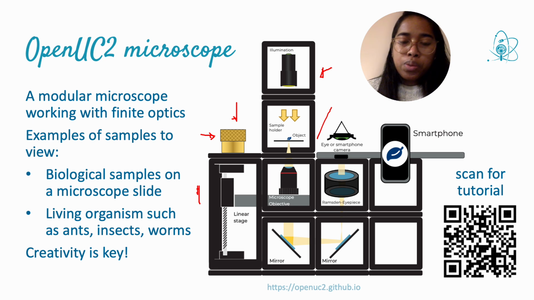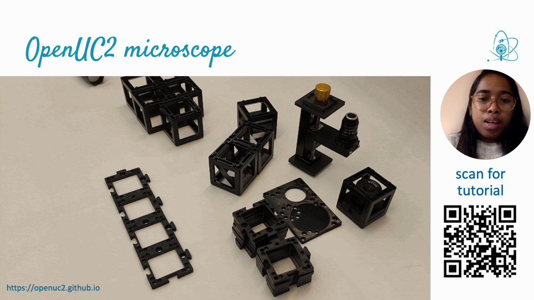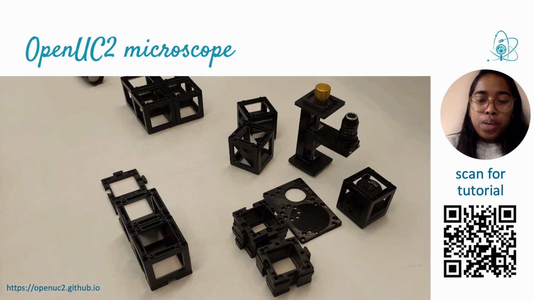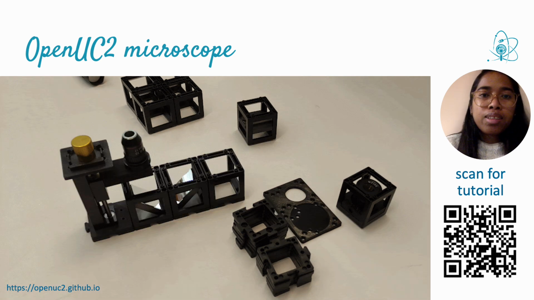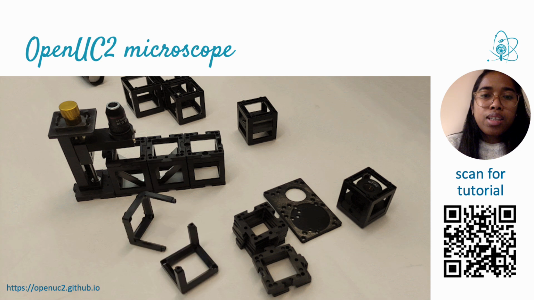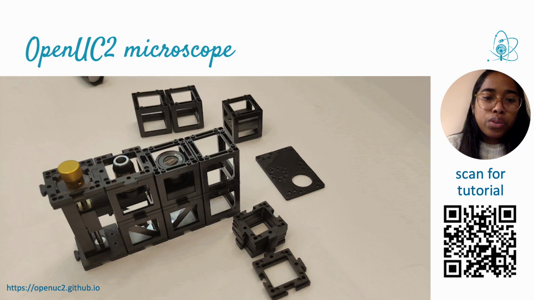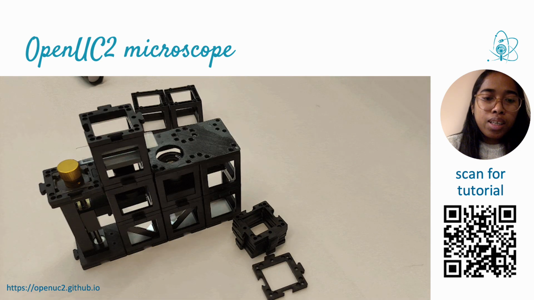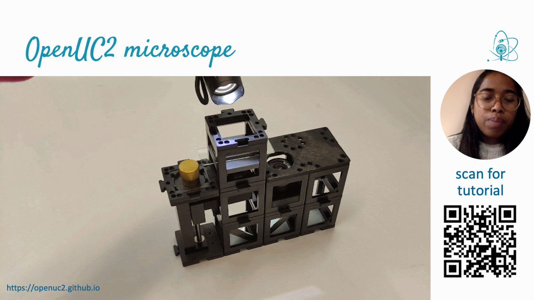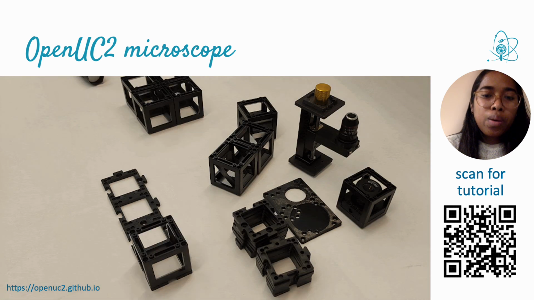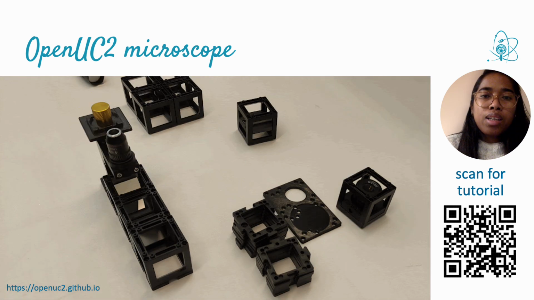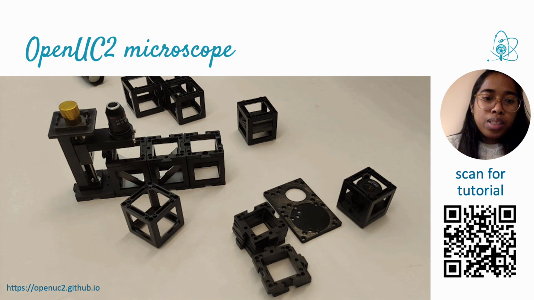Now to have a deeper understanding on how to stack the cubes and put up the installation, there is this QR code that can be accessed. The cube assembly is quite intuitive, but the interaction of the optics matters.